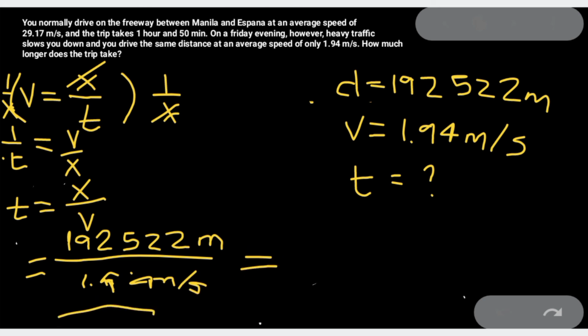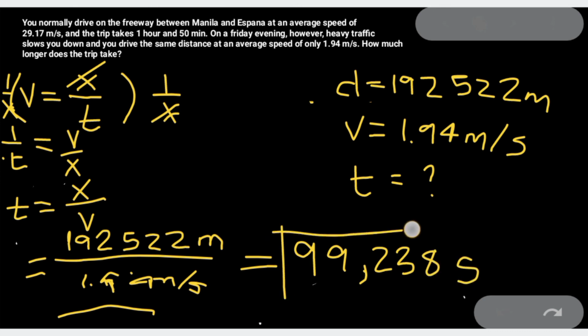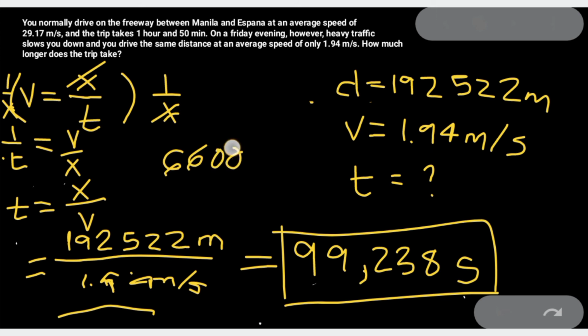So what we have now is 99,238 seconds. So it is a very huge time compared to the freeway, which is 6,600 seconds. So it takes a long time compared to the freeway.